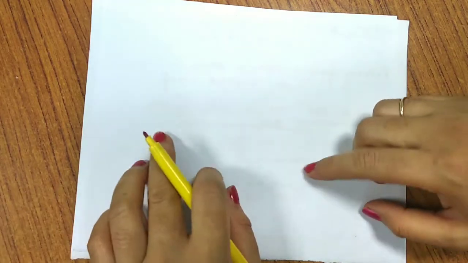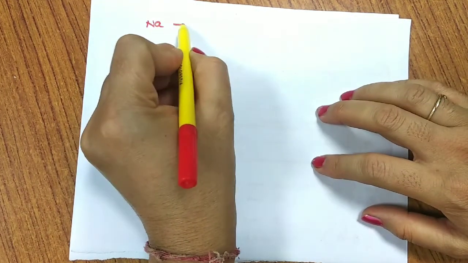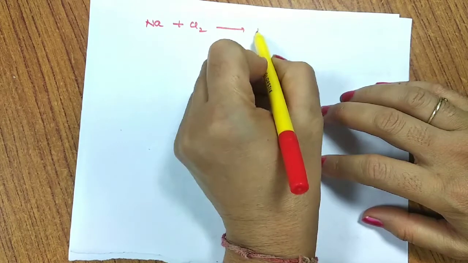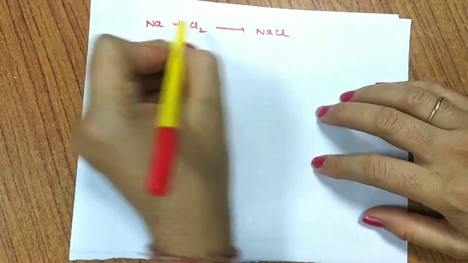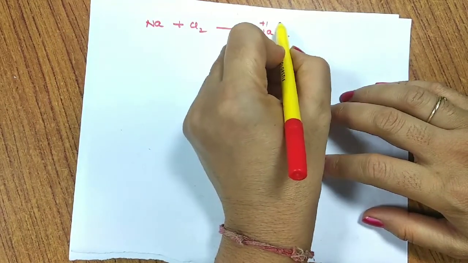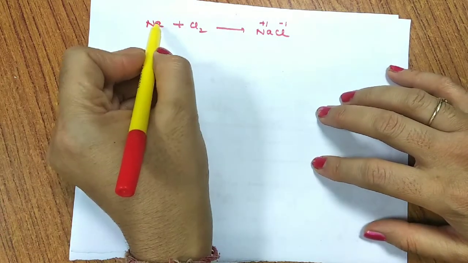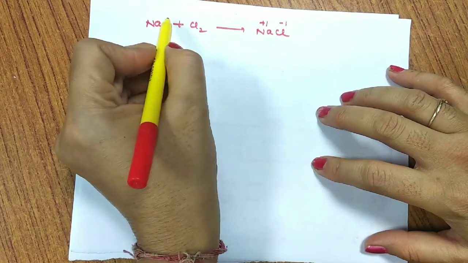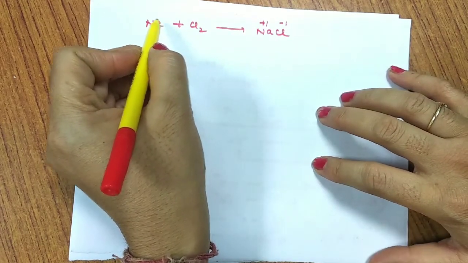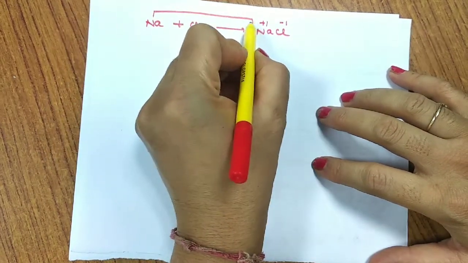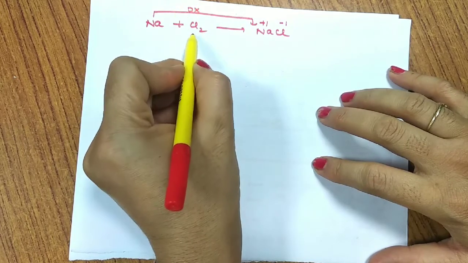Now we'll talk about the electron transfer process. Suppose I'm having Na. It adds chlorine to it. We get NaCl. Na changes to Na plus and Cl changes to Cl minus 1. So sodium changes to plus 1, that means it loses electron, so it undergoes oxidation.